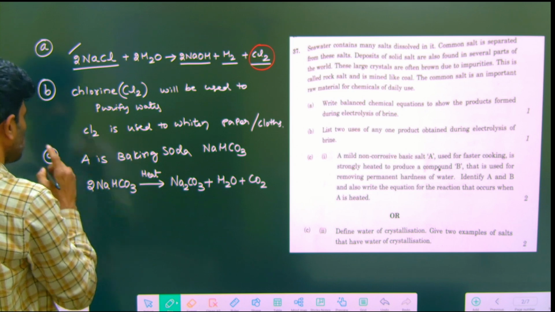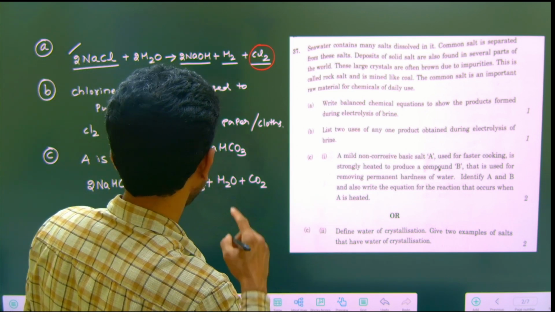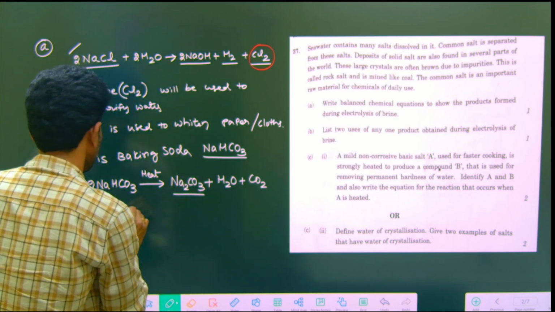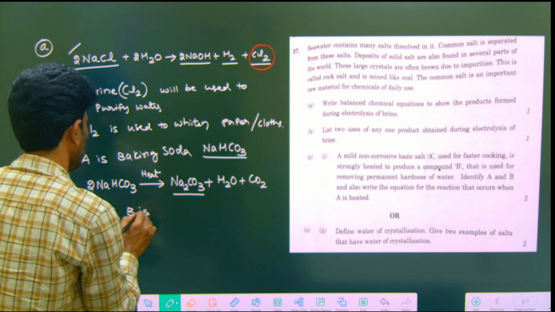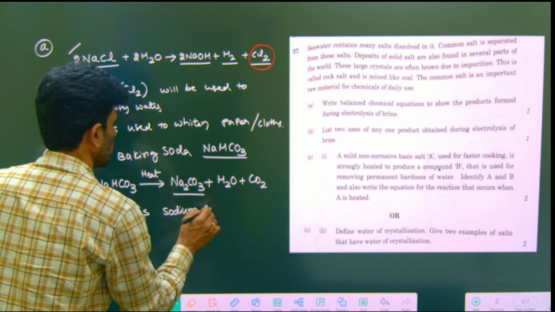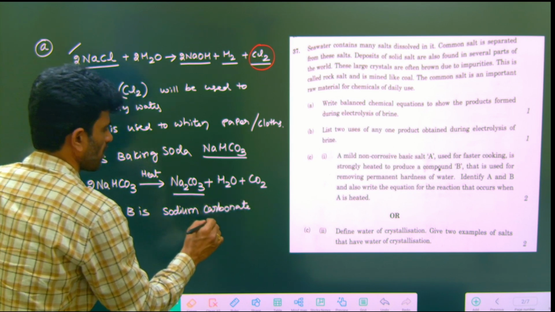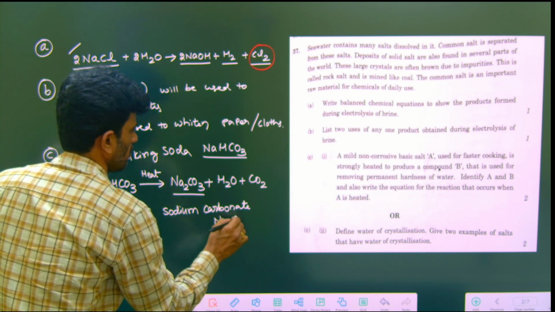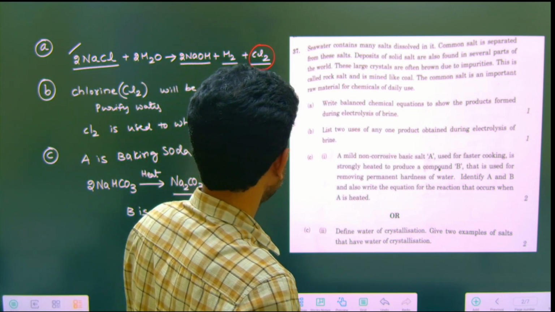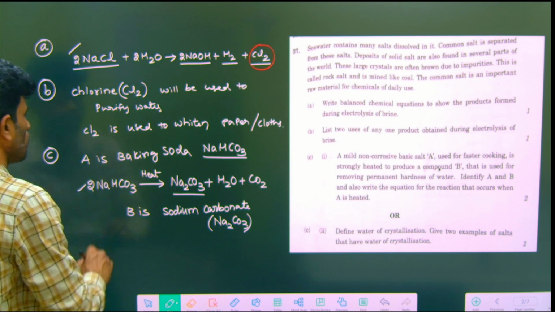This is the equation. Identify A and B. A is baking soda, and B is sodium carbonate, which is used to remove permanent hardness of water. Write the equation for the reaction when A is heated. This is the equation, we also wrote it.